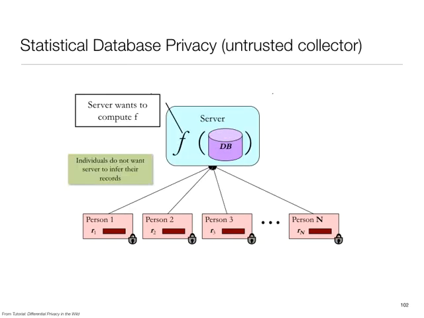So in particular, there's a separate setting where the individuals don't trust the server fully. Okay, so they want to take part in this, but they don't want the server to infer some specific things about them.